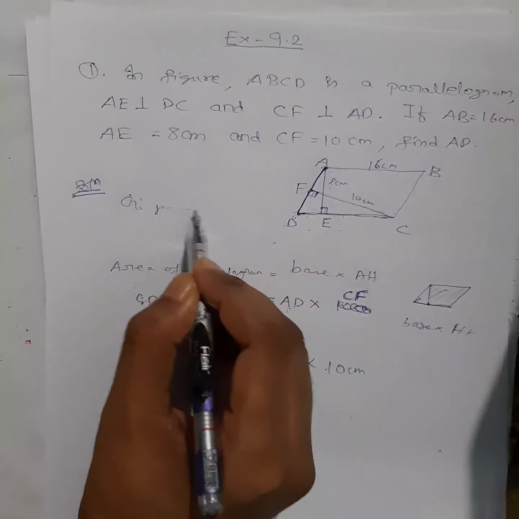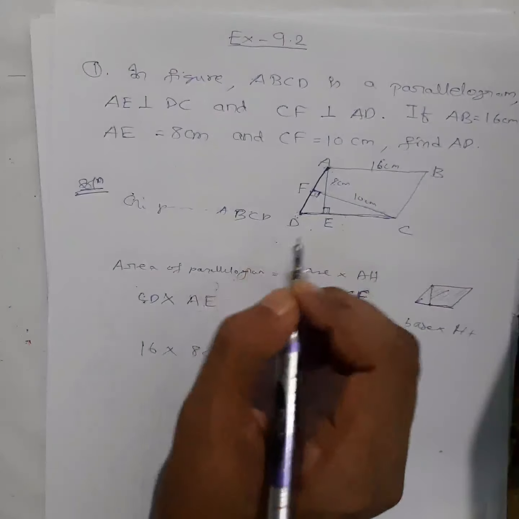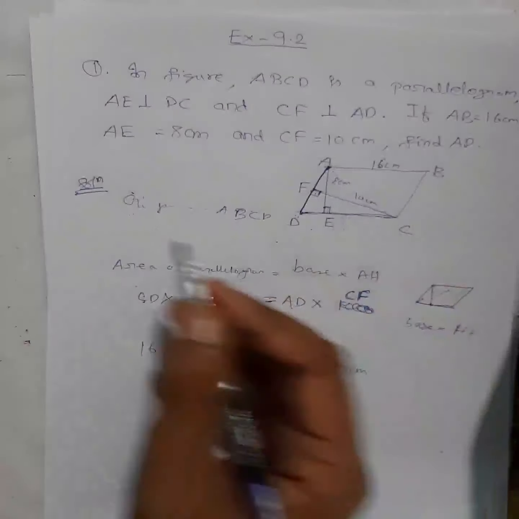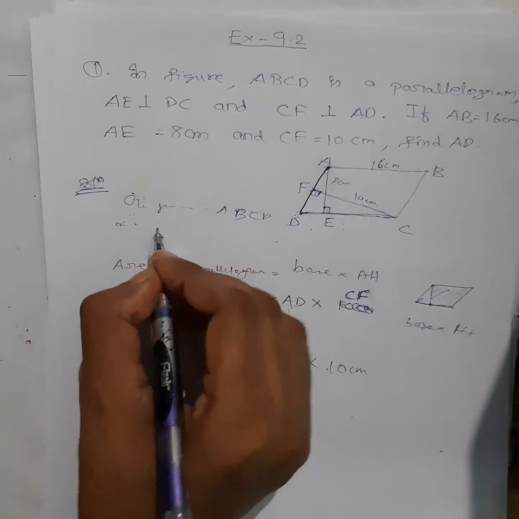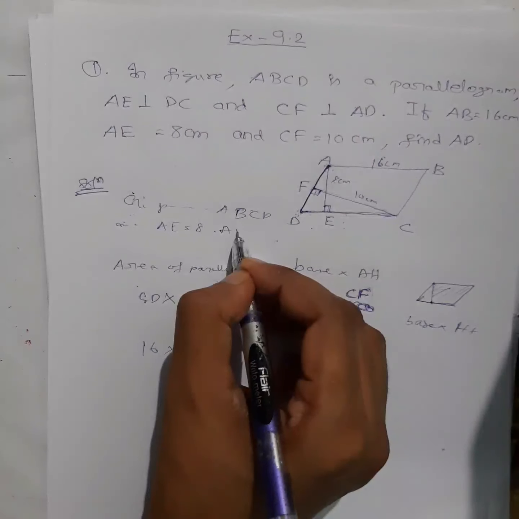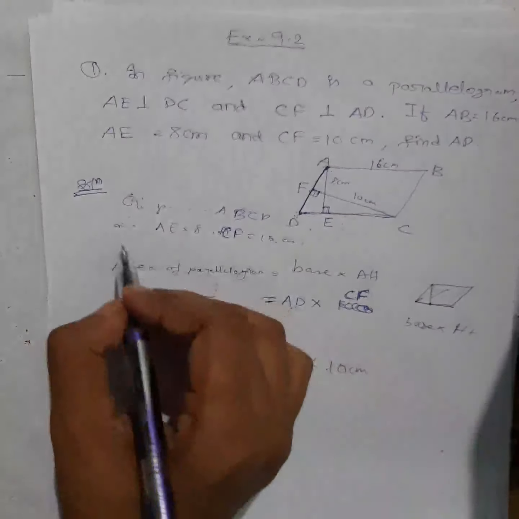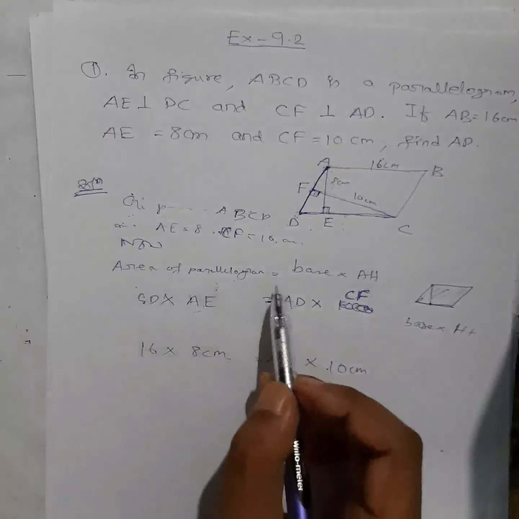Now how you will write it down, you know that, right? Given parallelogram ABCD, you write down from the question only. I hope you have understood till now how to do the presentation. Write down only the given portion, and given AE is equal to 8 centimeter, CF is equal to 10 centimeter. Now area of parallelogram is equal to this one, which you can write from here.